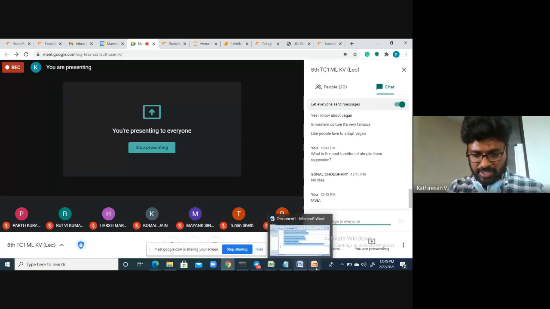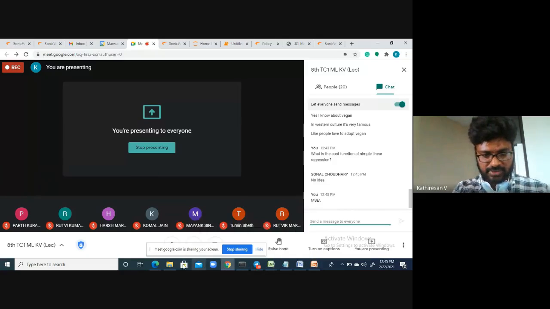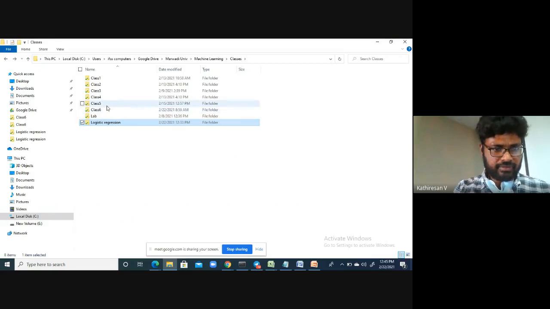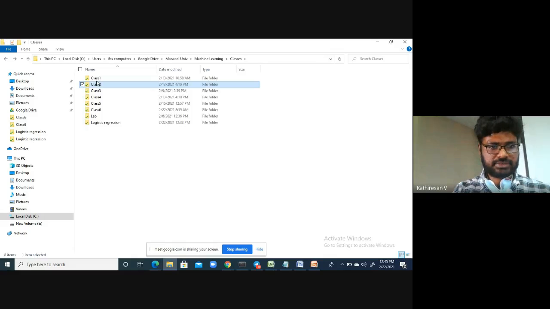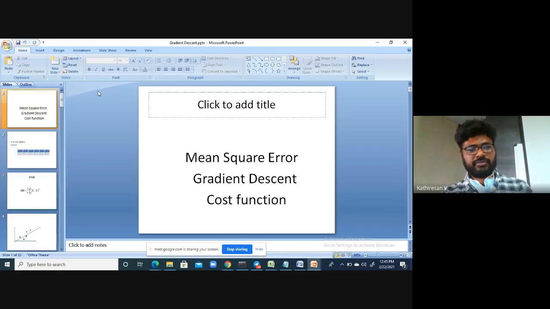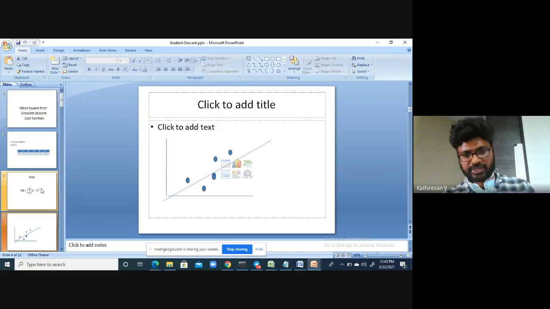See, I would like to show that slide to you. It's very important. Where it is, simple linear regression's cost function. In class 3, we discussed the gradient descent algorithm, right? See, mean square error is the cost function.